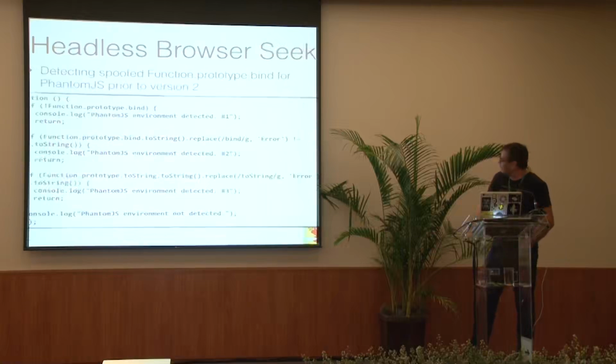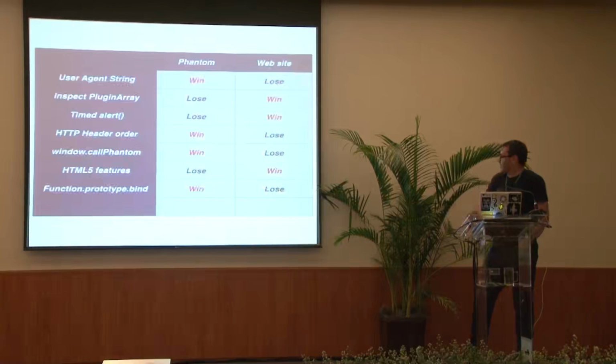I actually missed that code, because I was using indexOf somewhere and it needs to be spoofed, but I think I removed it or it didn't fit this slide. Anyway, it doesn't really matter. PhantomJS is going to win if bind is not implemented and you want to fake it, spoof it.